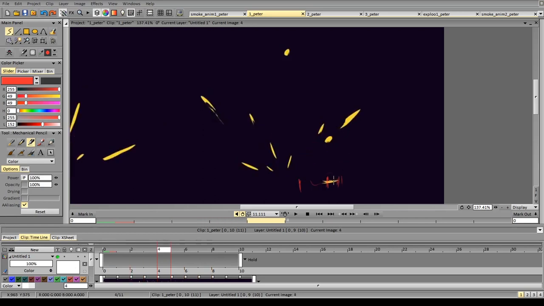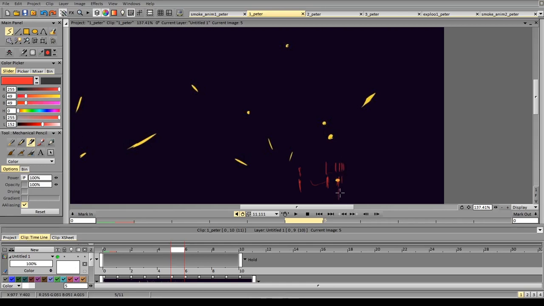So I would decrease the length at this frame way more, and I would make the deceleration a bit more clear.